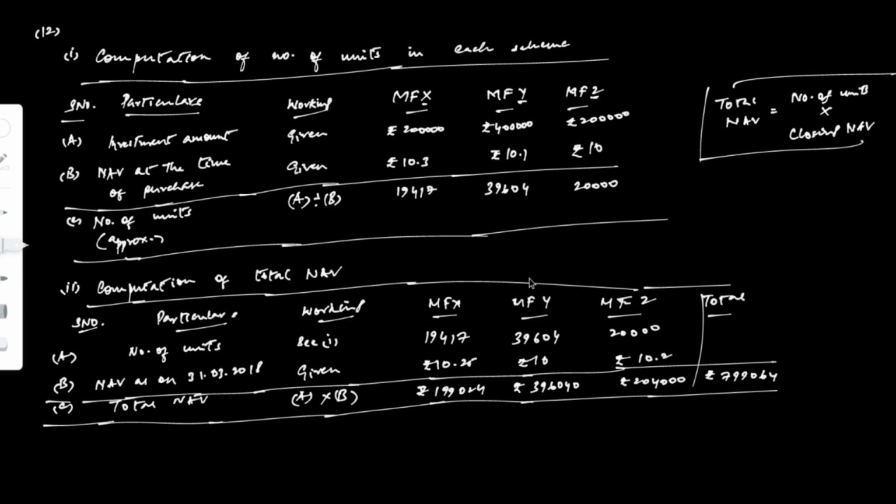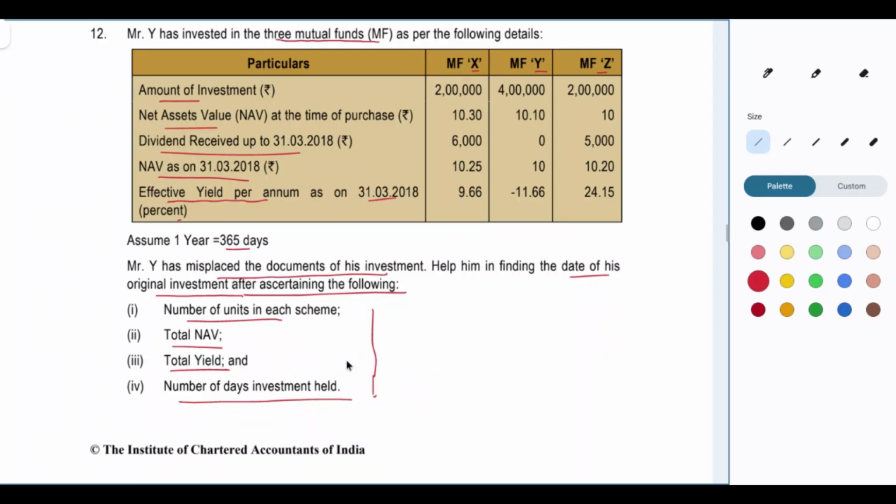Next, what is asked? We need to find out total yield. So what is yield? Yield is nothing but return. What is the return formula? It is closing value minus investment plus distributions.